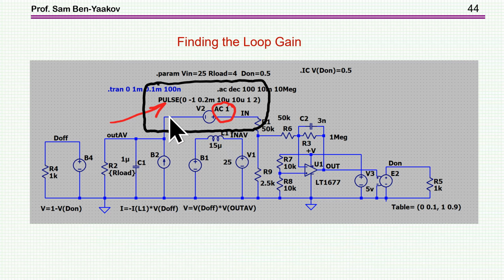I've put an AC source in series. I've also added, by the way, a step for transients, so I can look at the response to a load change. But here I have this AC, and looking at the two sides of it, this will be the out and this will be the in, and the ratio between them is the loop gain.